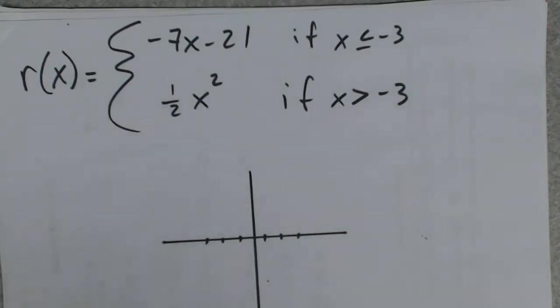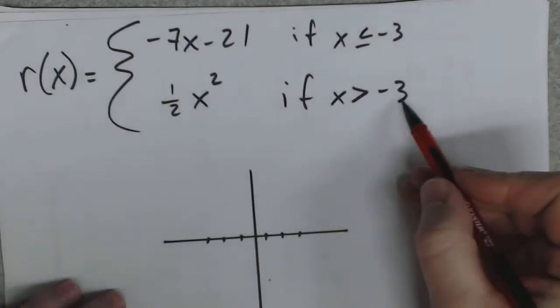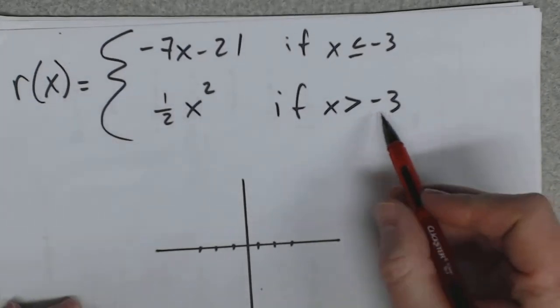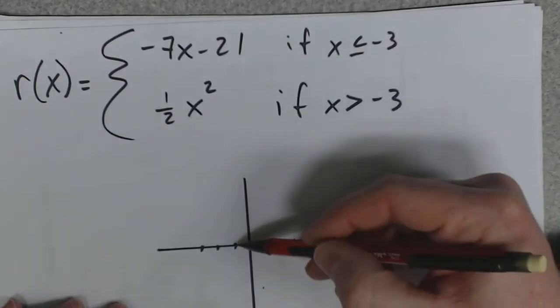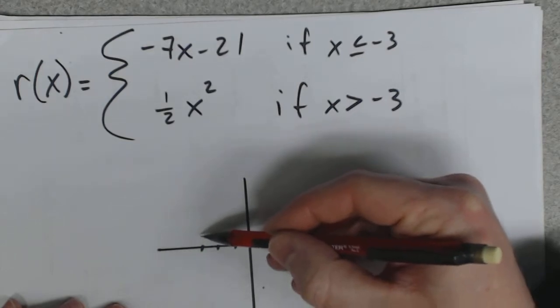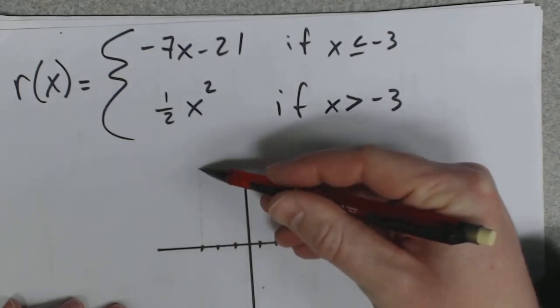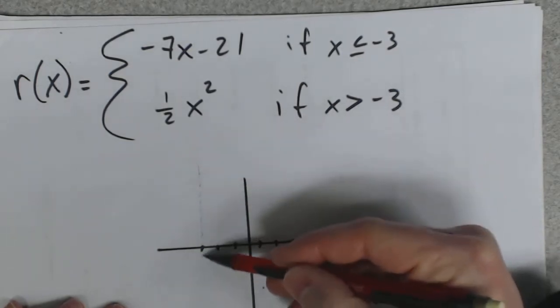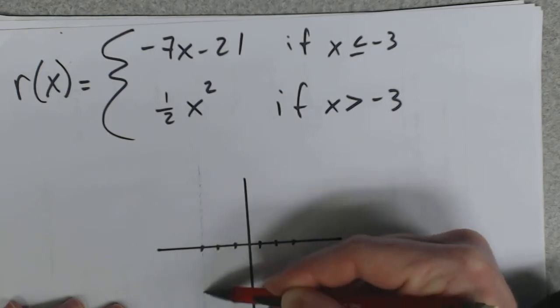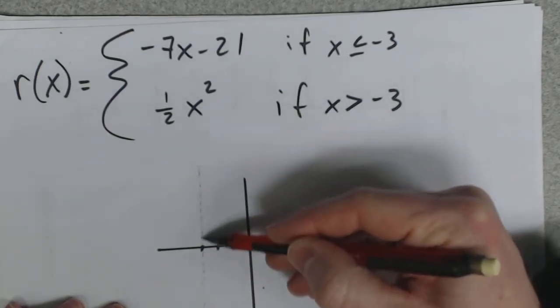Here's the idea, and I'm going to use a pencil for this, I suppose, because I need to erase some stuff off. Here at -3 is kind of like a boundary line. So -1, -2, -3. I'm going to just draw this imaginary dotted line here. It's like you're drawing a line in the sand.